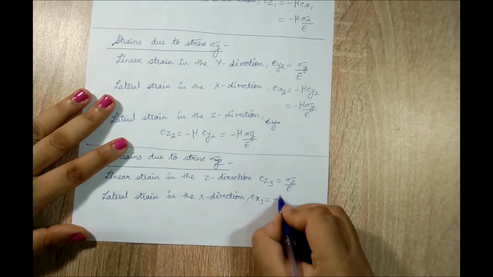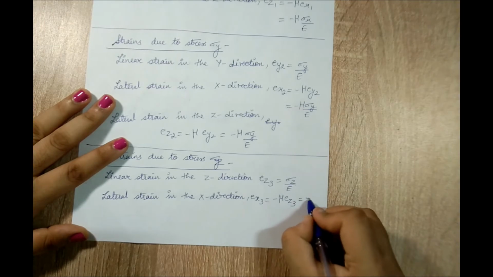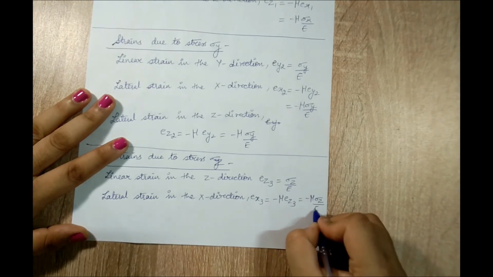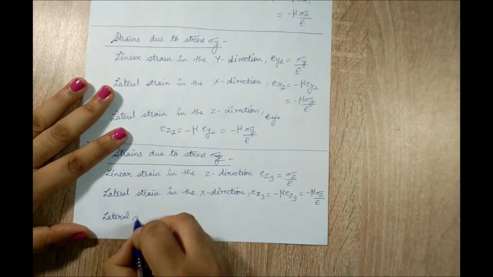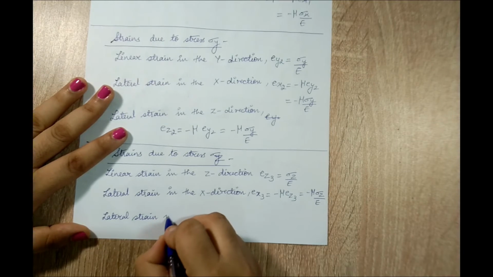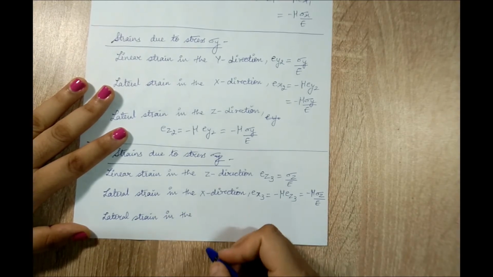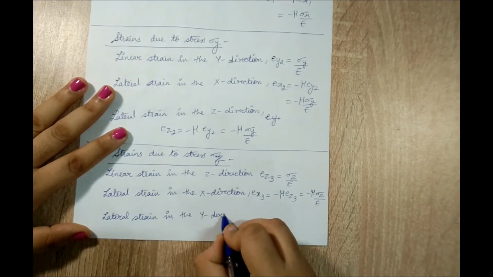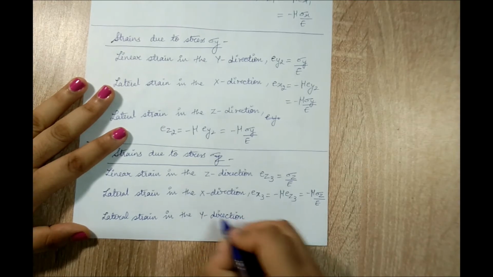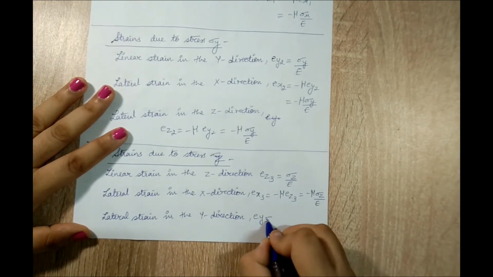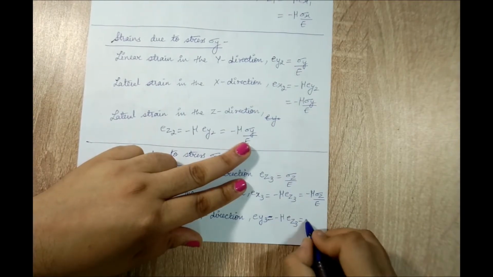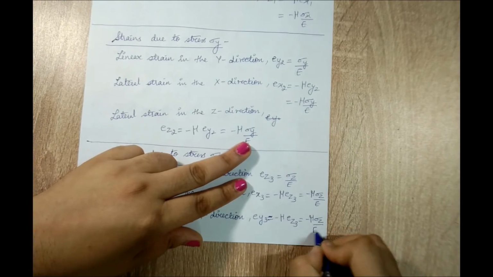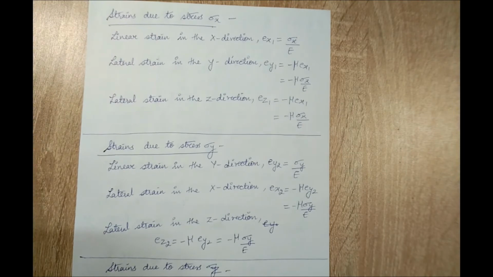Ex3 will be minus mu into Ez3, which will be minus mu into sigma z upon E. And finally I'll write down the lateral strain in the y direction. Ey3 will be minus mu into Ez3, which will be minus mu into sigma z upon E. So these are the strains due to the various stresses.